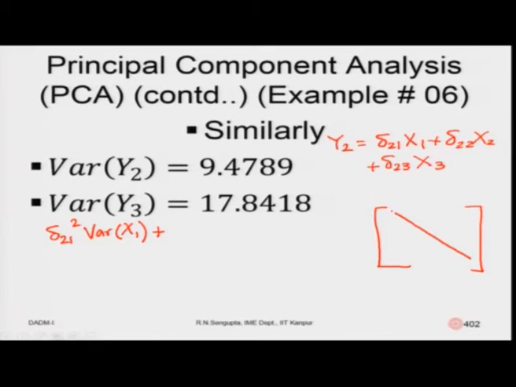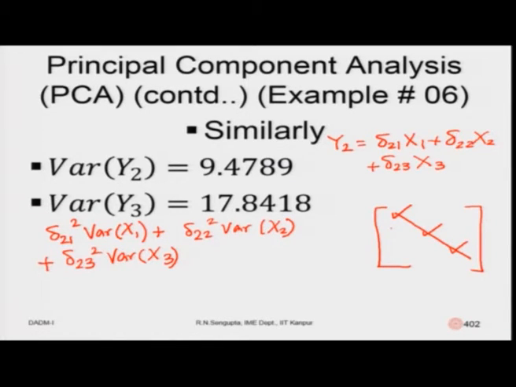So, the first value is taken care of. Second value is taken care of. Third value is taken care of. Now, I need to take care of the covariances.